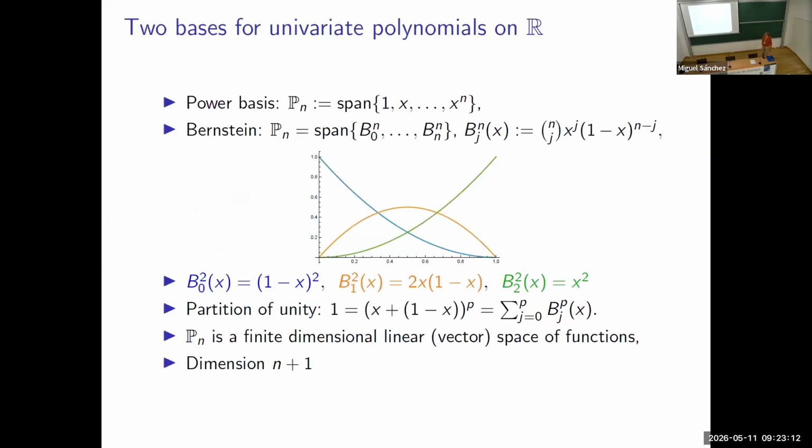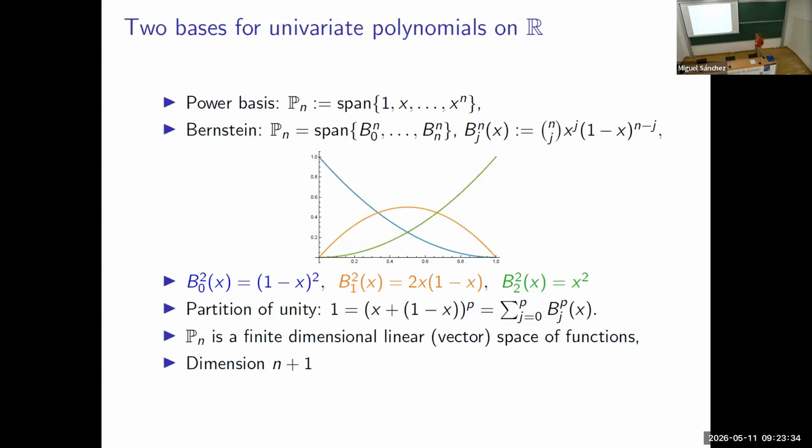So the basics here: we have two bases for univariate polynomials. You have the usual power basis, 1, x, up to x to the n, and then you have the Bernstein basis, which we're going to hear a lot about in this talk, but I mention it here.